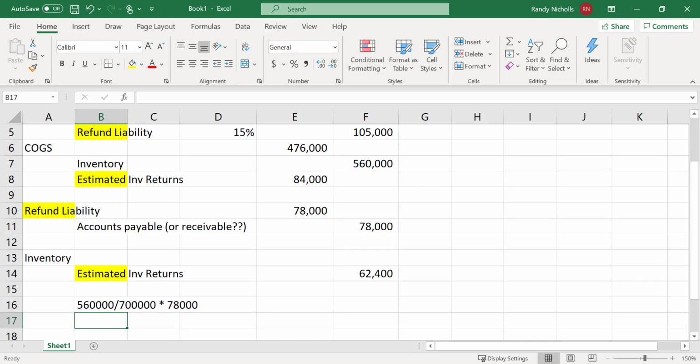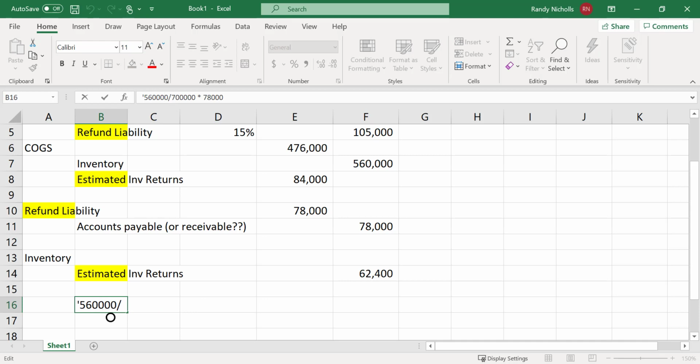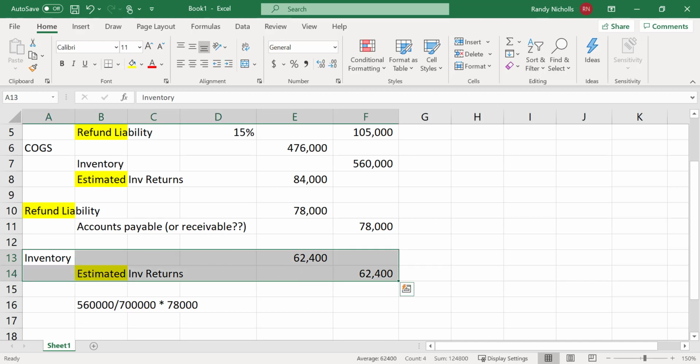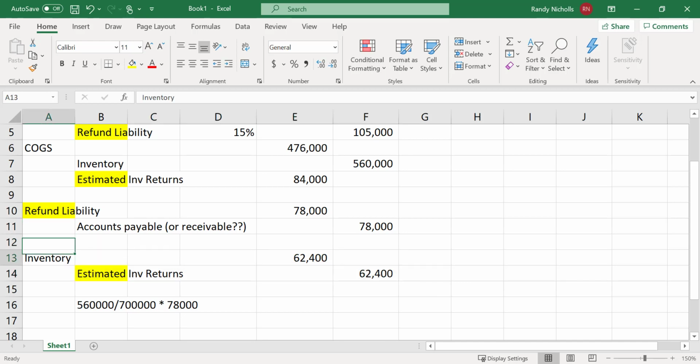So here I'm figuring out my margin, or how much I made, is the 560 divided by 700. And that's the proportion I use every time something gets returned. So I'm not explaining this very well. So that's what I want to take out of here, and that goes back into my inventory. Again, nothing has hit my income statement because I estimated at the time of sale.